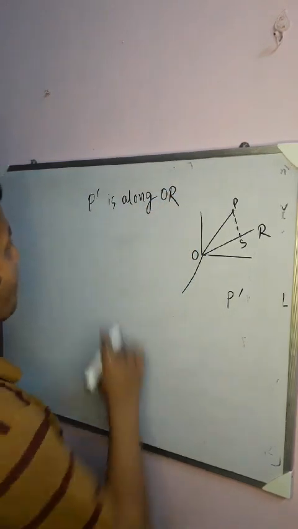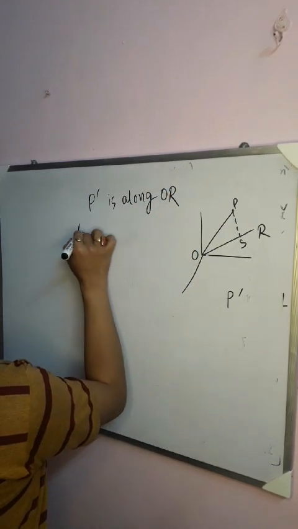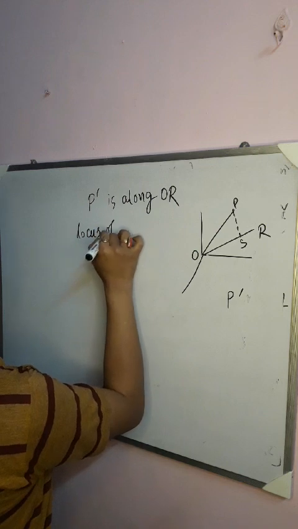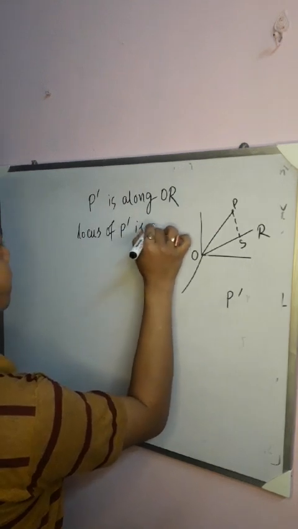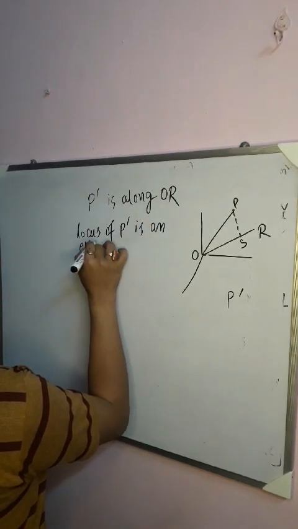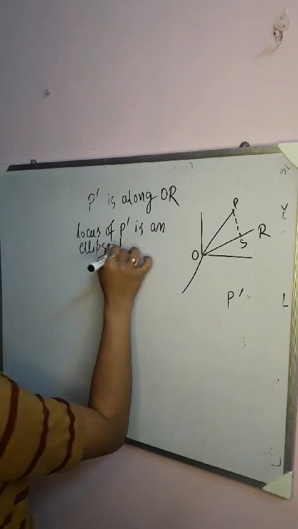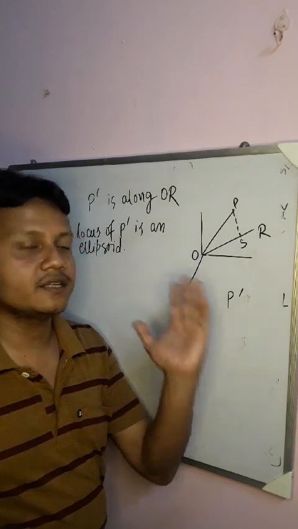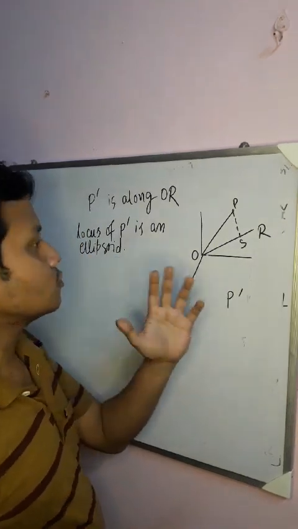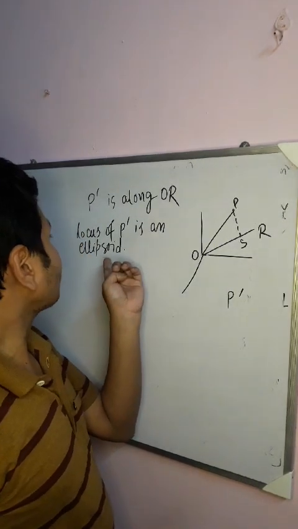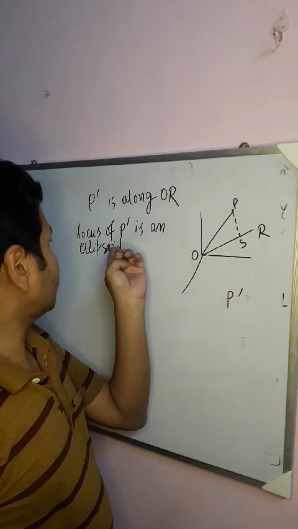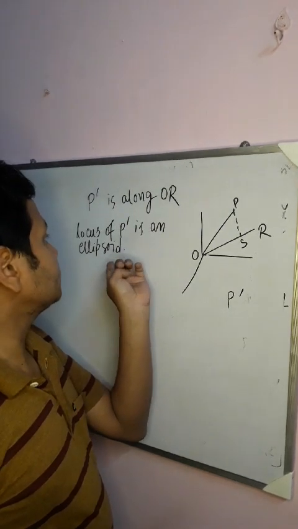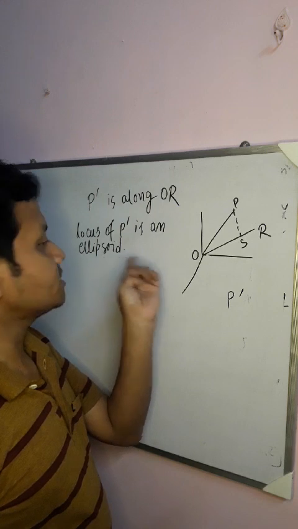Obviously we find that the locus of P dash is an ellipsoid, for the entire rigid body we took here.